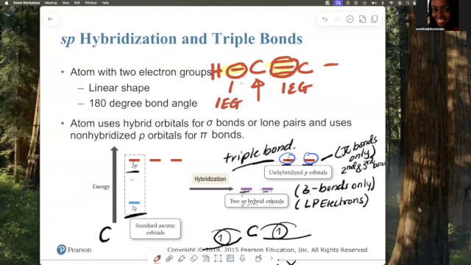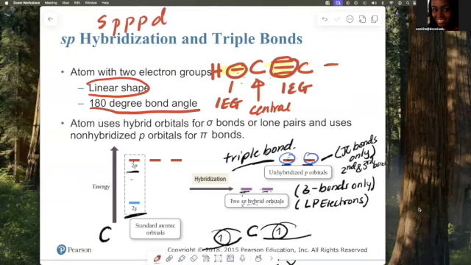When you have a central atom, which is carbon, surrounded by two electron groups, the arrangement we have around the central atom tends to be a linear geometry. So the groups will arrange themselves in a linear fashion with a bond angle of 180 degrees, okay? So when it comes to the hybridization, remember you're going in order of S, 3 Ps, and then 2 Ds.